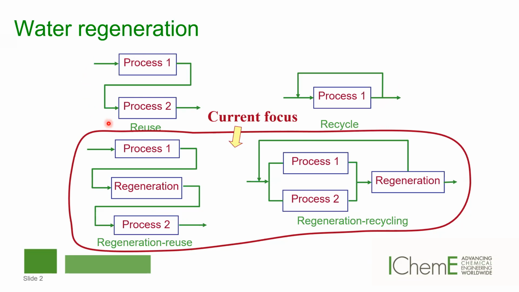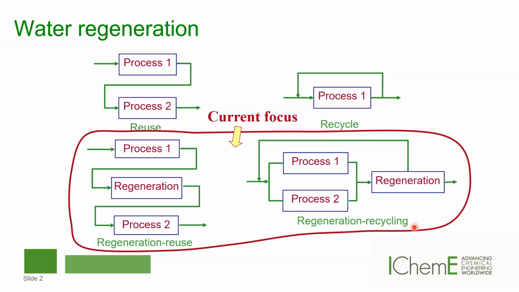So in the past topics on water minimization, we focused on either reuse or recycle. I think in our examples, we did recycling of the waste streams. But today, we will focus on regeneration reuse and regeneration recycling.